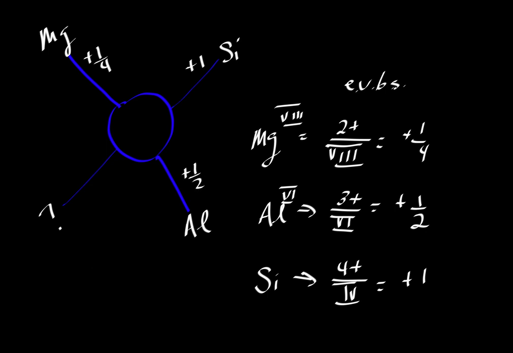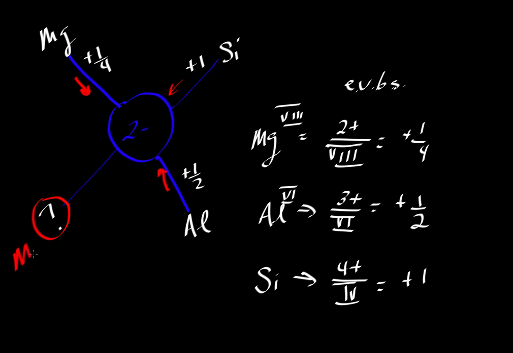For the case of the oxygen atom, as usual, it has a 2 minus charge. So now we can take a look at what might fit over here. We've got a +1 coming from the silicon, +1/4 from the magnesium, and a +1/2 from the aluminum. Those all sum to a little bit less than 2. Those are not going to completely satisfy this -2 on the oxygen.